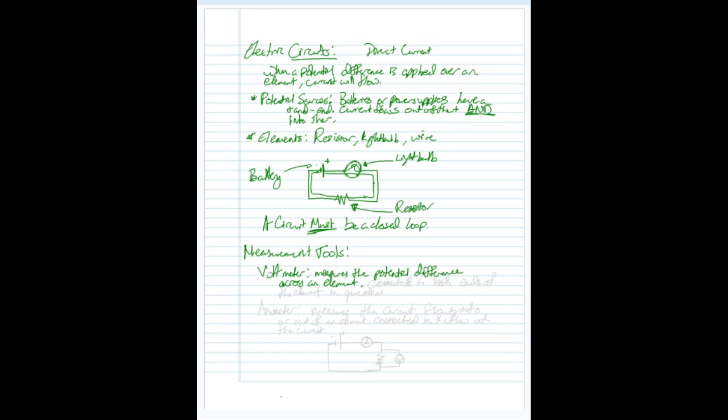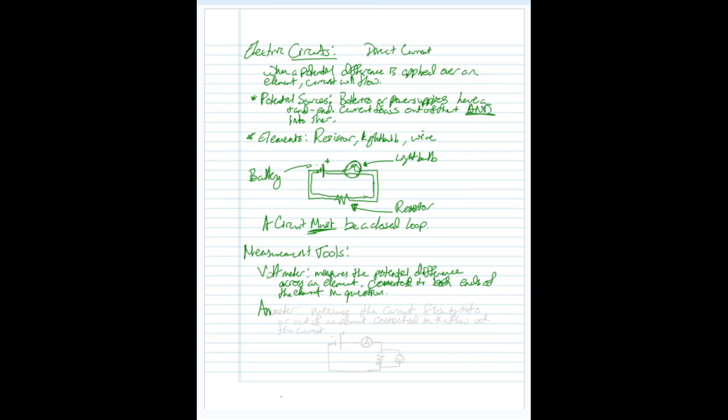Voltmeters need to be connected to both ends of the element in question. So one end of the voltmeter will be connected to one side of the element, the other end of the voltmeter will be connected to the other side of the element.